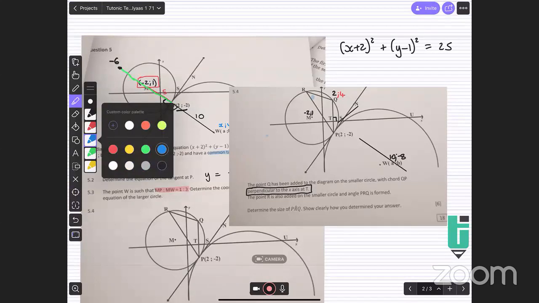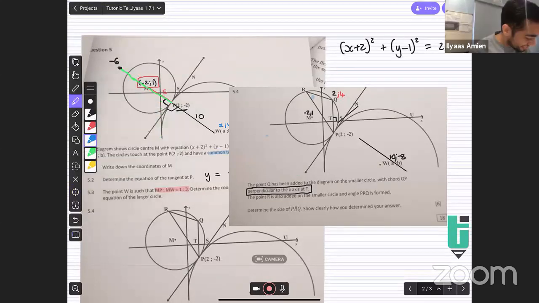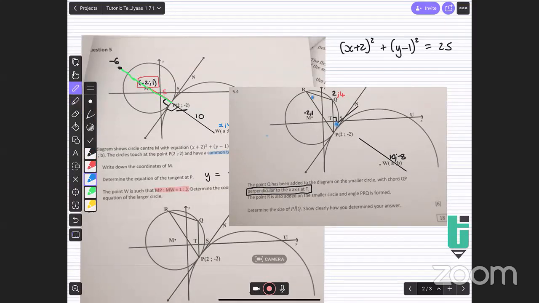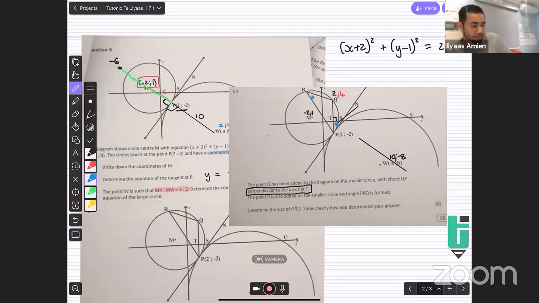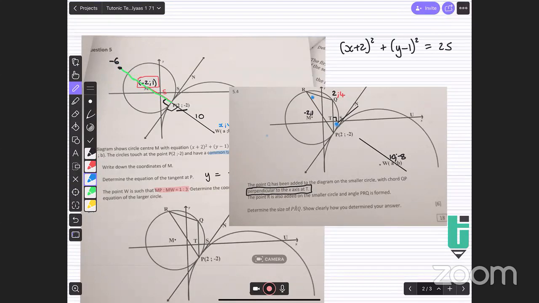No, we just spoke at the same time. Okay. So basically, do you agree this is also blue? If this is blue, then that's blue. Yes. So do you agree if we work out that, then we've worked out R? Yep.